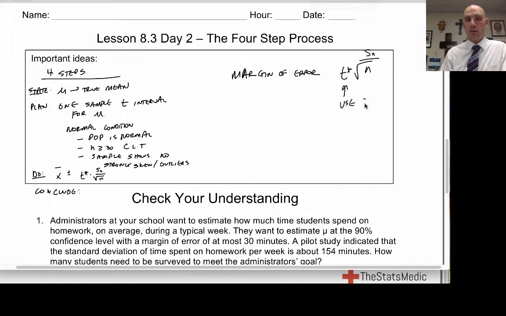If we can't know, we're going to use z star in its place, right? So if we don't know what the sample size is, for example, we haven't run the study yet, if we don't know our standard deviation for whatever reason, if we can't find t star, we're going to use z star in its place. T star is unknown.